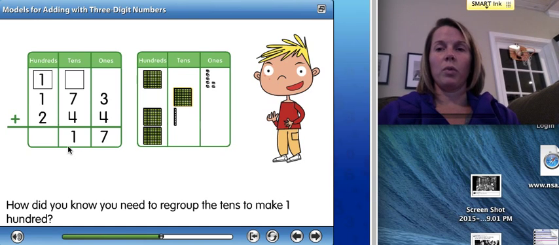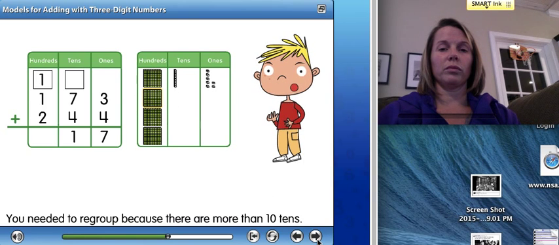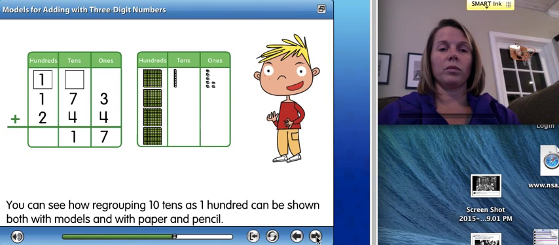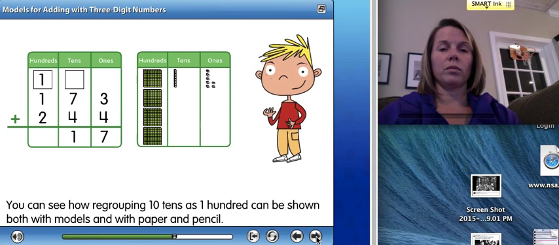I know we have to regroup because I have 10 or more tens, and 10 tens makes 100, so I can make that 100 flat move on over. You needed to regroup because there are more than 10 tens. You can see how regrouping 10 tens as 100 can be shown both with models and with paper and pencil.